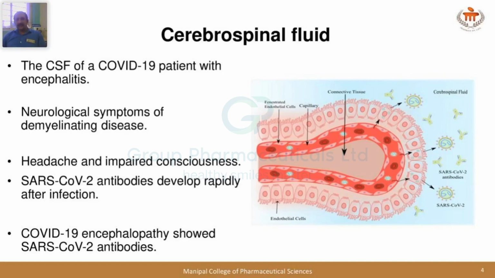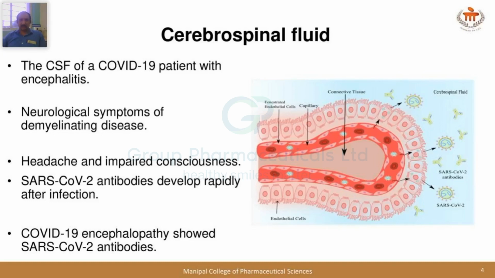When a patient came to the hospital with encephalitis, the CSF was taken and subjected to RT-PCR, and the CSF was found to have the presence of SARS-CoV-2.